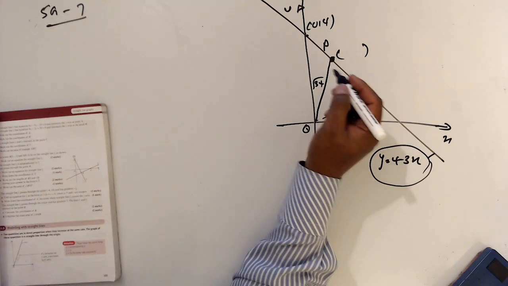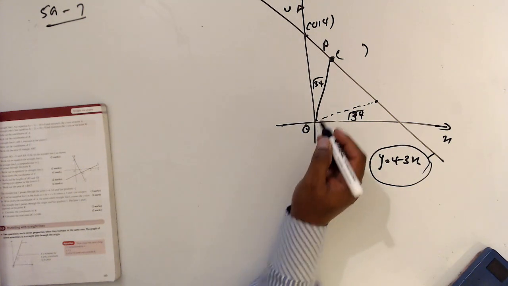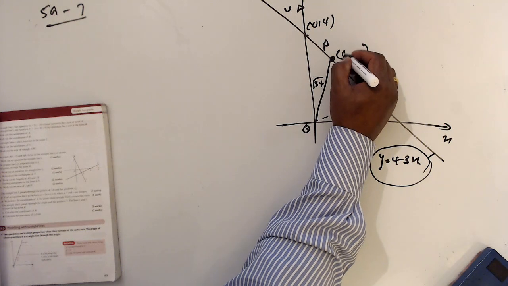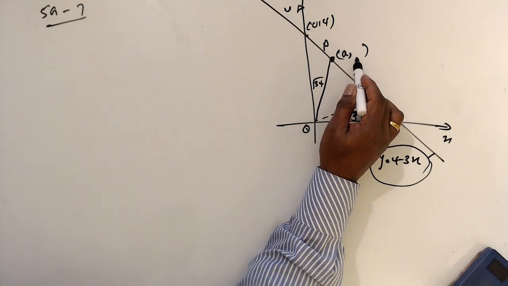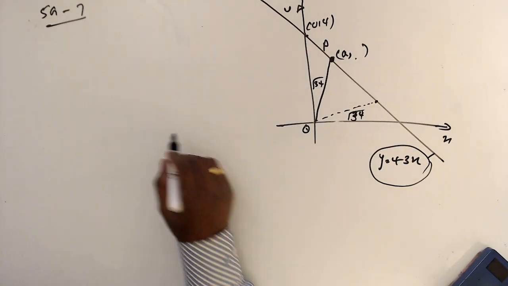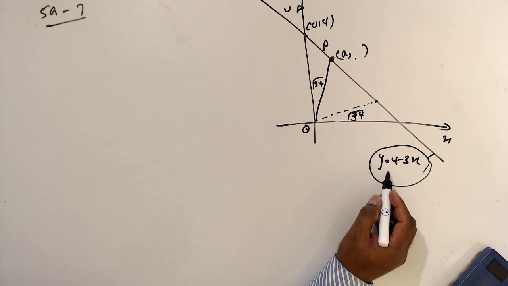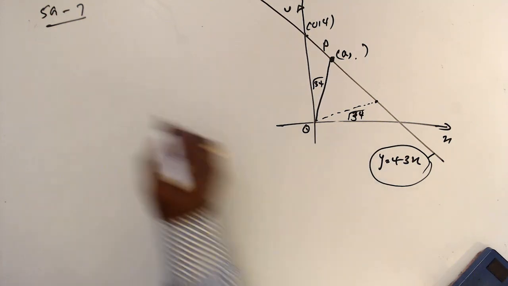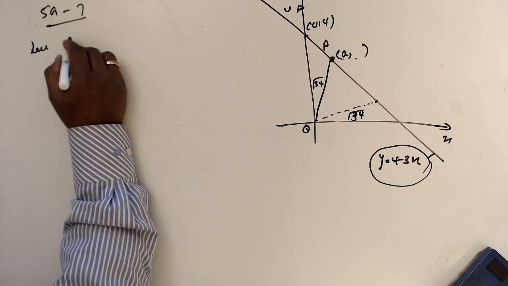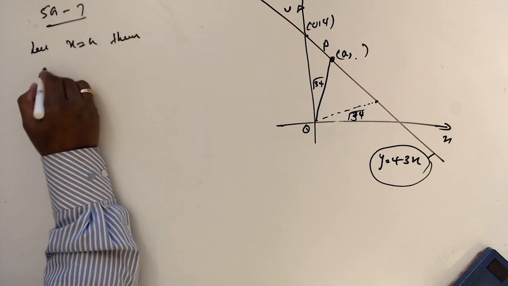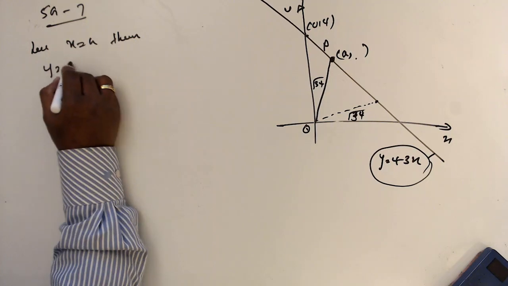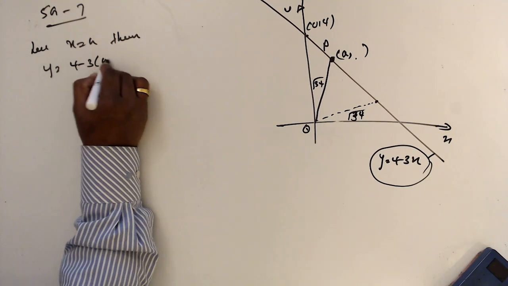So if I take the x value as a, what is the y value? Now I want to find b. Let x equal a, then y equal 4 minus 3a.